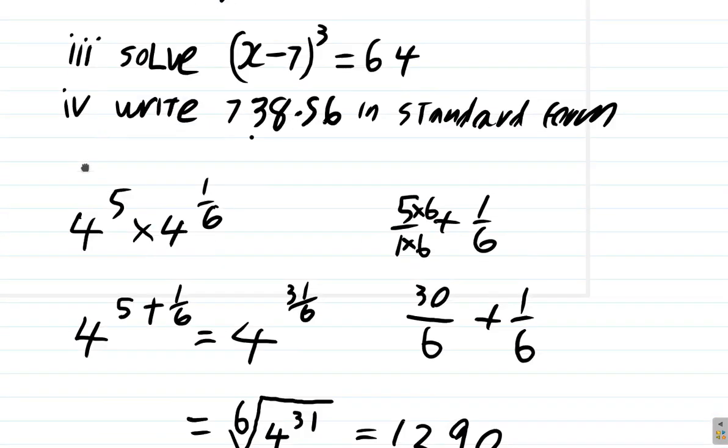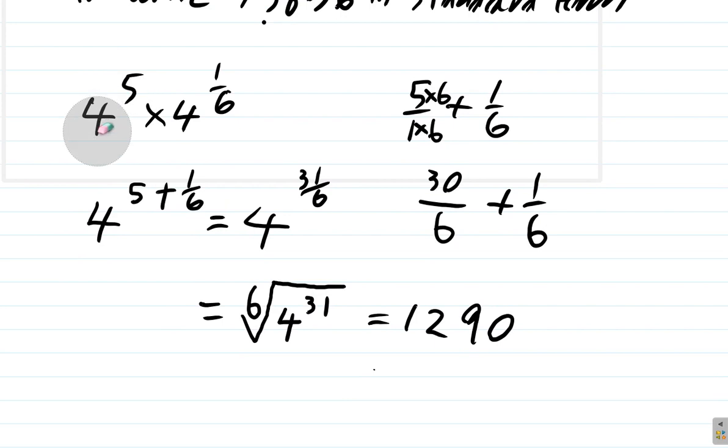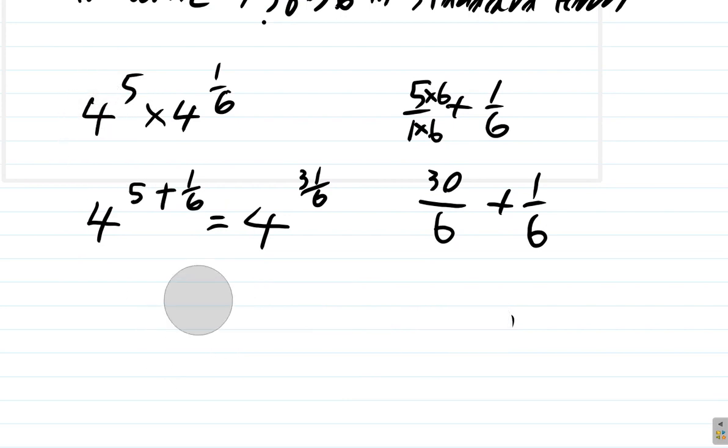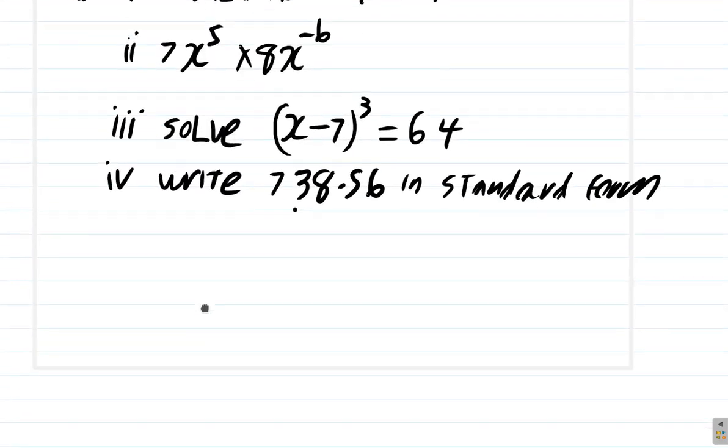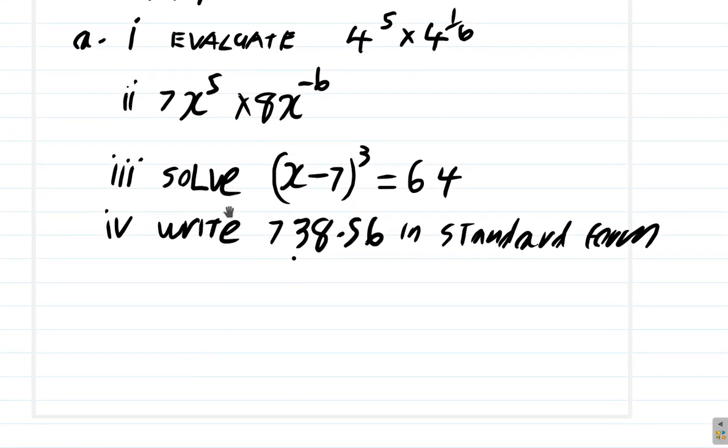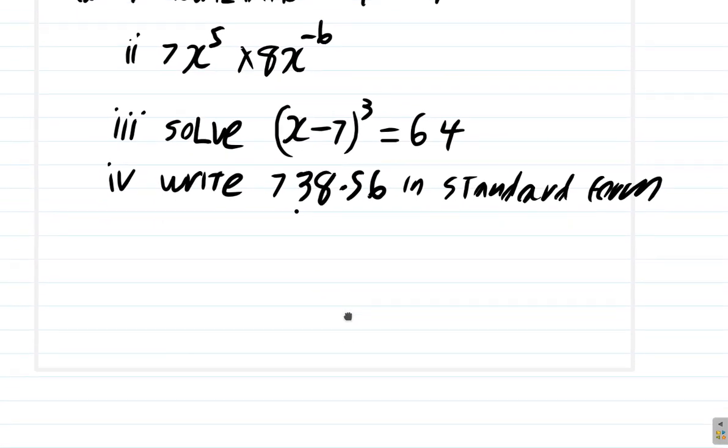Now let's look at the other part of the question. Let's erase this first, then look at the other part of the question. Here, you have 7x raised to the 5th times 8x raised to the negative 6. So, part 2 says 7x to the 5th power times 8x to the negative 6th power.